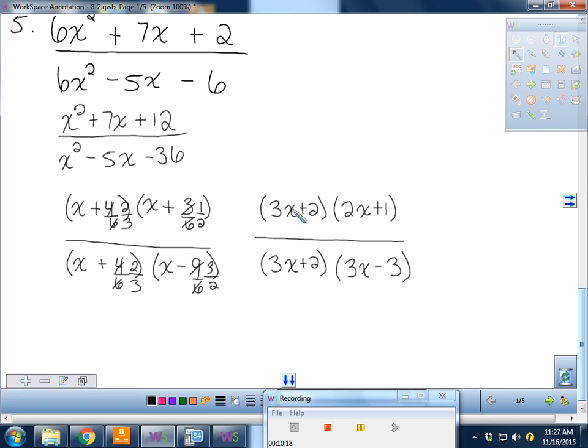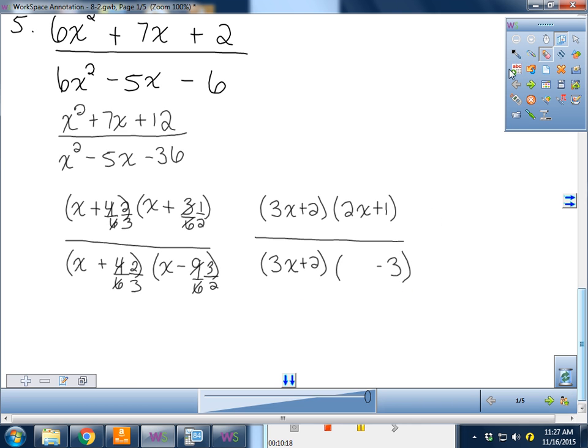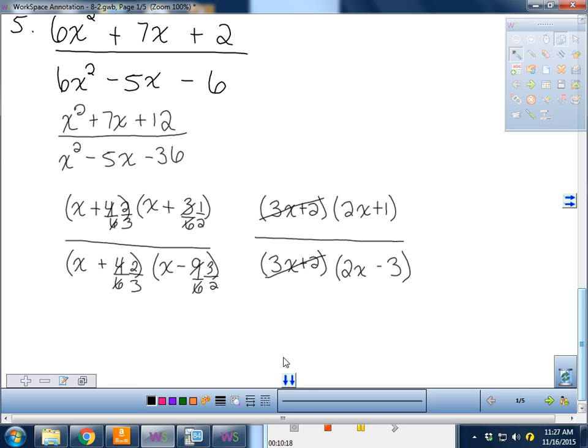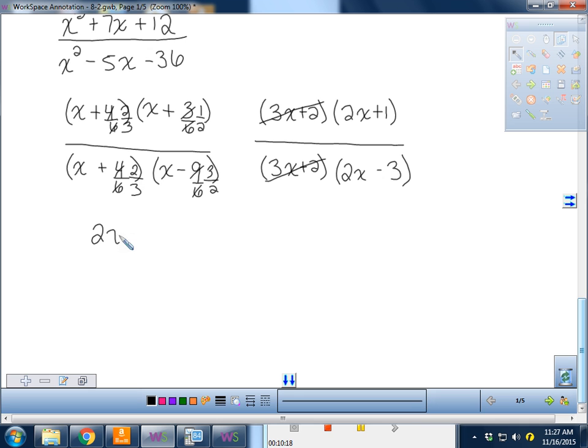And then I notice that I have two factors that are the same. Oh, sorry. I wrote a 3 instead of a 2. The 2 moved to the front. All right, I have two factors that are exactly the same. So those are going to cancel, leaving me with 2x plus 1 over 2x minus 3.